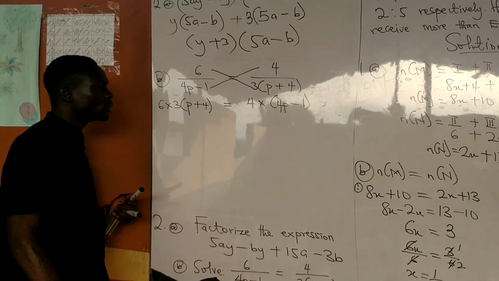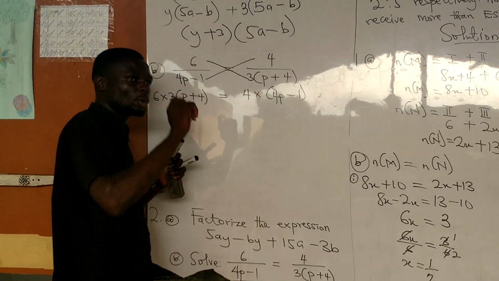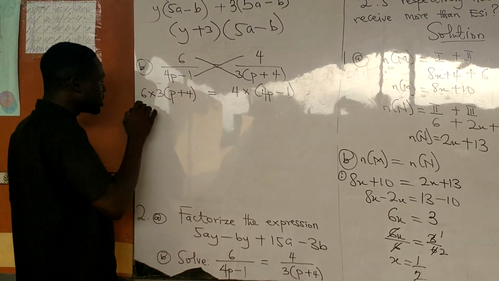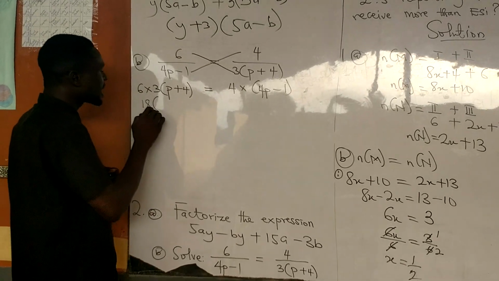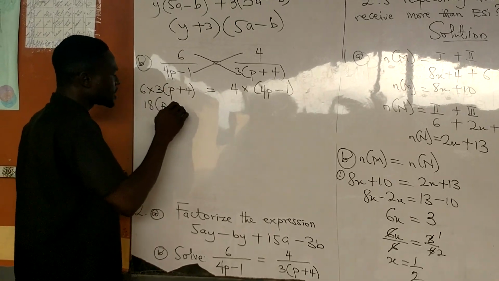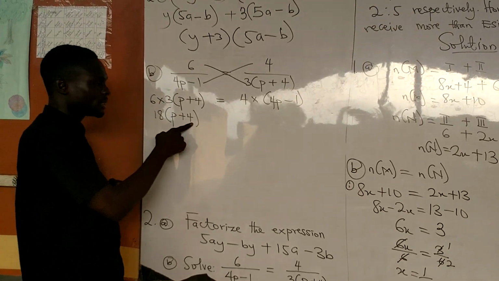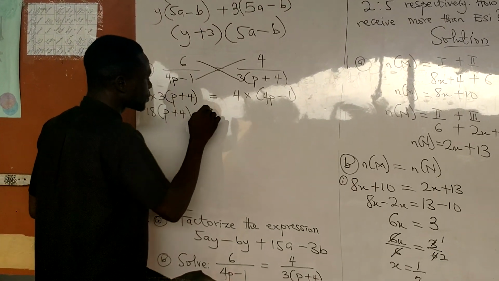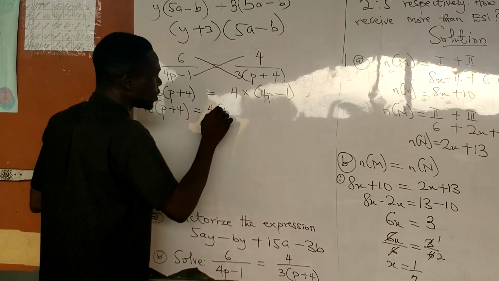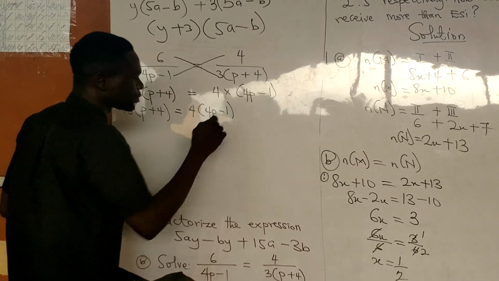So now we have to clear the bracket by multiplying. This will give me 6 times 3, 18, bracket of p plus 4. I just multiply this and this, so this is still in the bracket, is equal to 4 bracket of 4p minus 1.